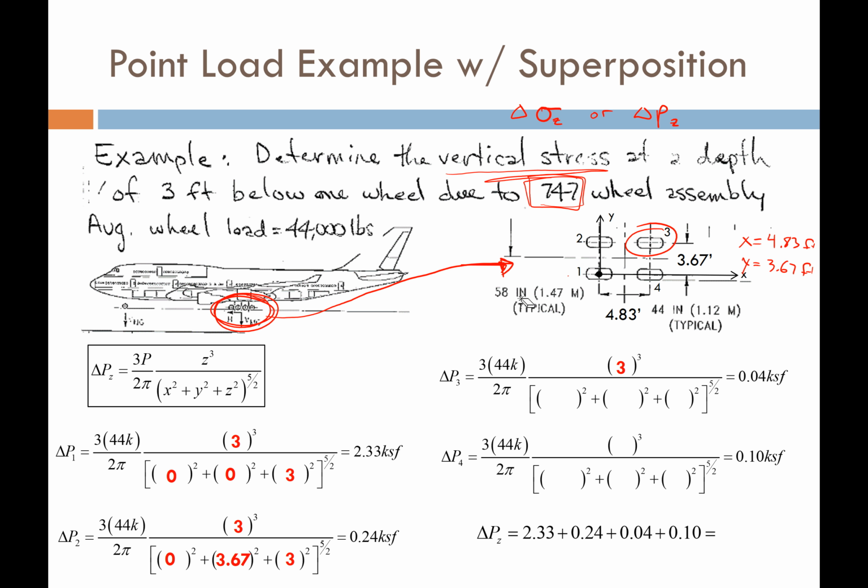And depth is going to remain at 3 feet. So that's how I got my 0.04 kips per square foot. And on the 4th tire, X is going to equal 4.83 feet, and Y is going to equal 0.